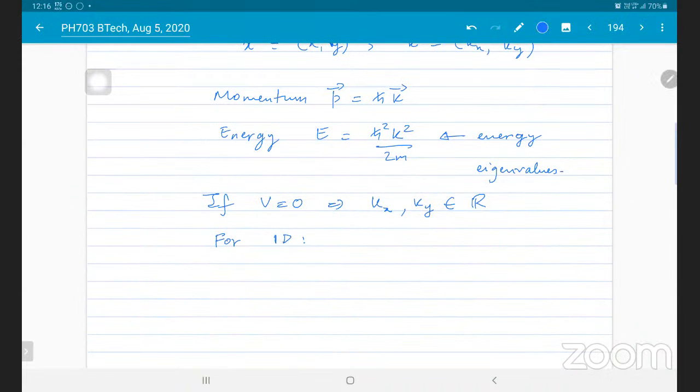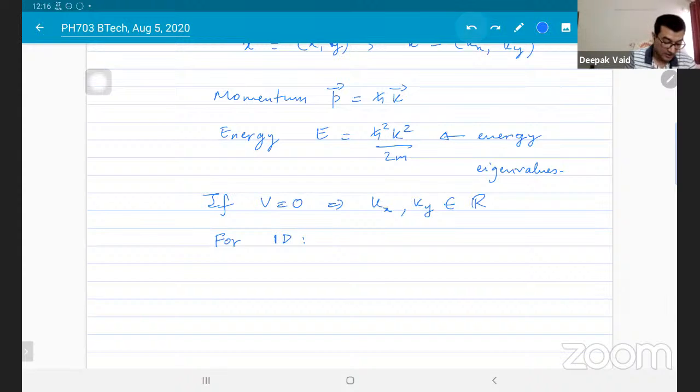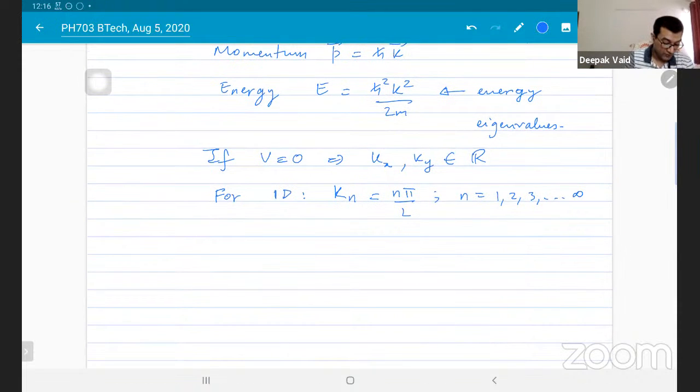So for 1D, what happens is our k values, there's only one k, so I'll just write it as k. k becomes quantized, where n is equal to 1 to infinity, right? What will happen for 2D?